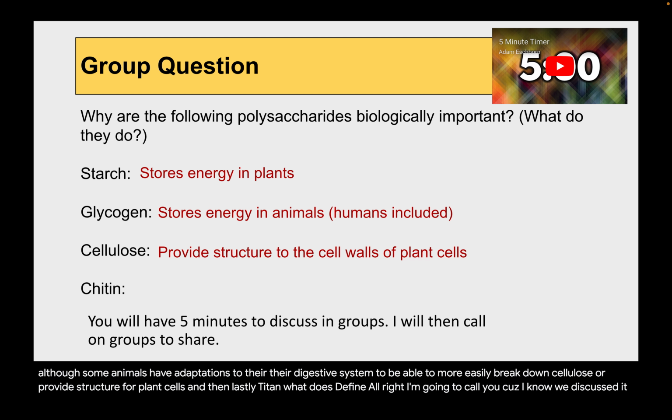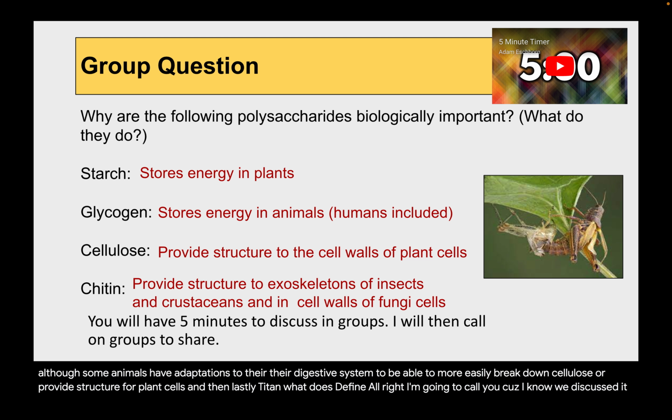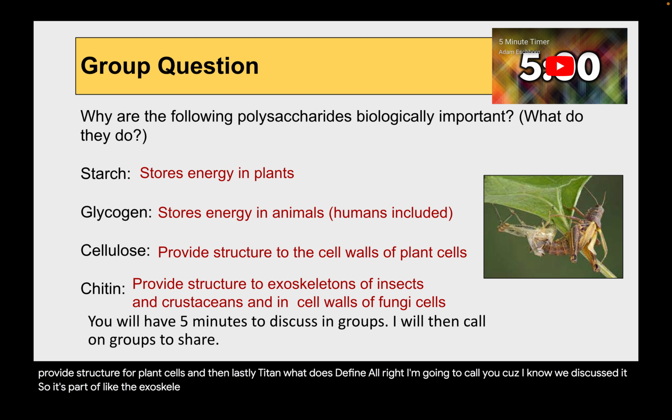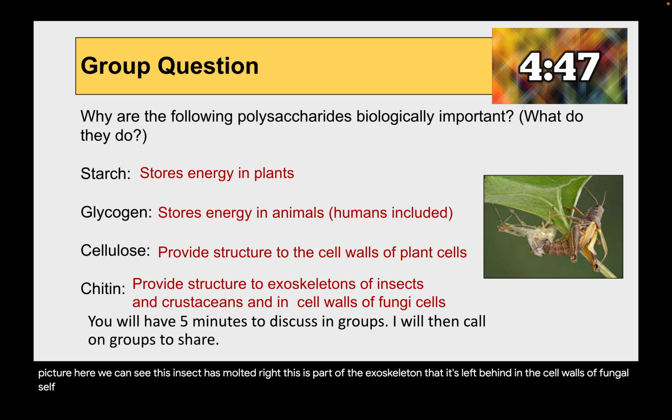It provides a protection layer for insects. Yeah, so it's part of the exoskeletons of a lot of insects. It's that layer of protection that we might see. There's my little picture here. We can see this insect has molted. This is part of the exoskeleton that's left behind. It can also be found in the cell walls of fungal cells too, again providing structure.